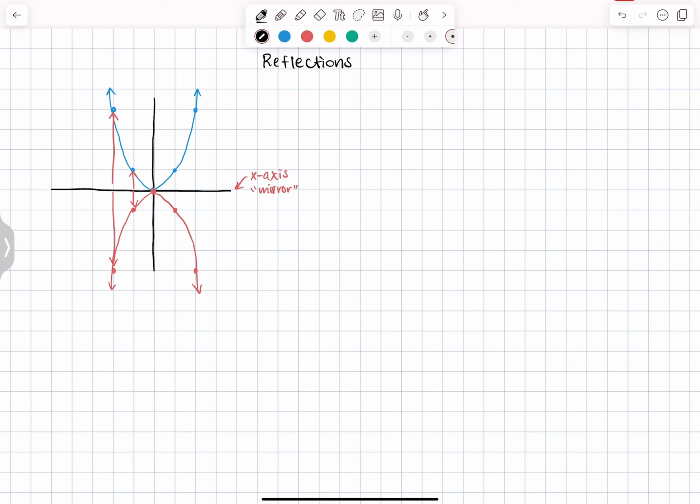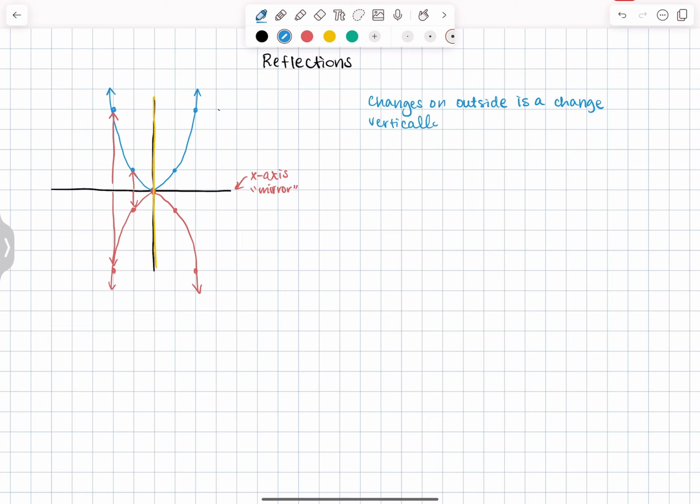So that's a quick introduction to what reflections are. So how do you know if it's going to be folding this way, if the mirror is the x-axis or the y-axis? How do you know what side the mirror is on? Changes on the outside is a change vertically.